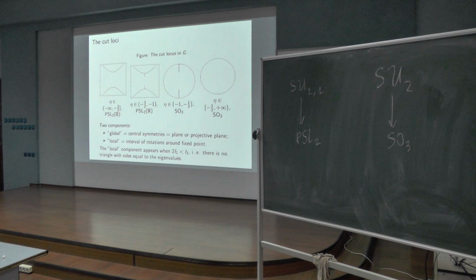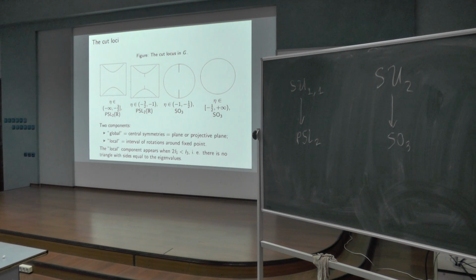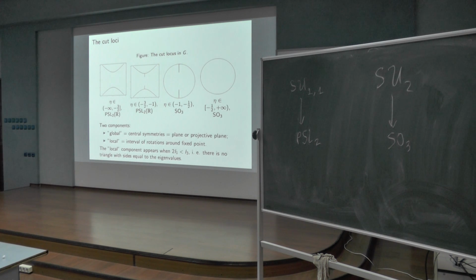Really, this is a three-dimensional picture, but due to the invariance under rotations, we can consider the section of this picture by the vertical plane. So this is the area between two cups of a hyperboloid, and we need to identify the points of these two cups.